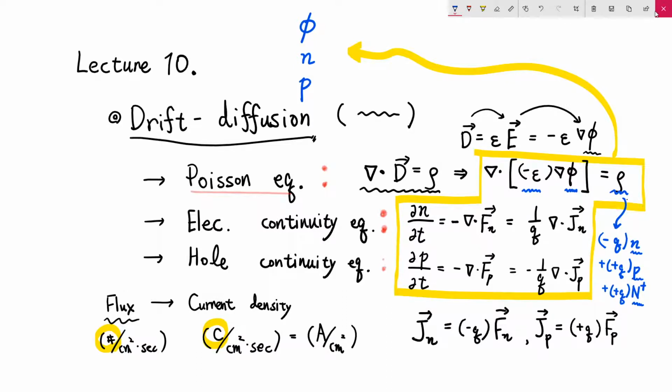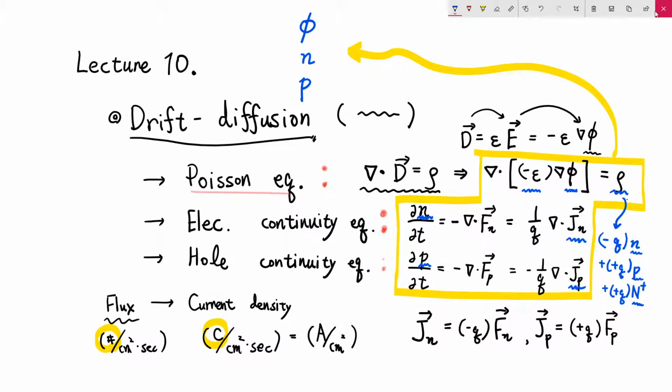Then when we go to the continuity equations, here we find the electron density and hole density. They are again unknown variables, so that's okay. But when we look at the rightmost side terms, you can find Jn and Jp. What are they?